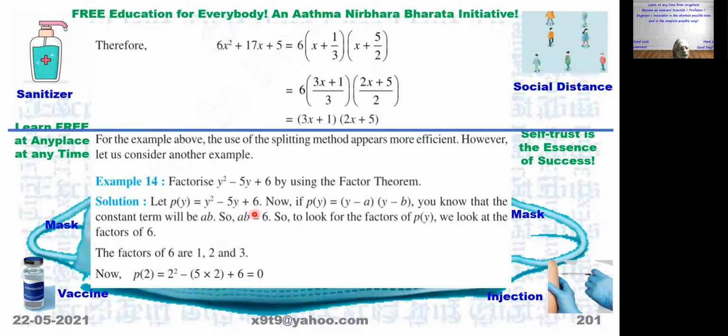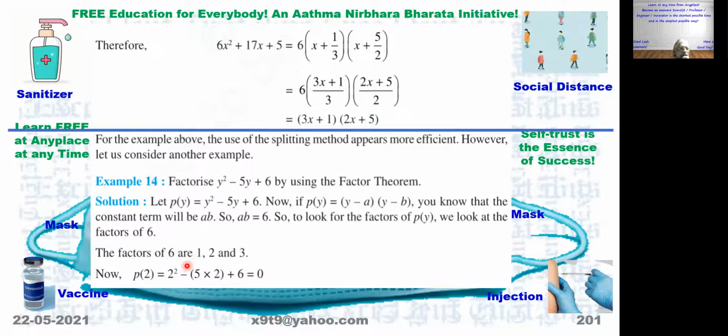So factors of 6 are 1, 2, and 3. Now select those factors which will give sum as minus 5 and product as 6. So one method is to check all the three things.